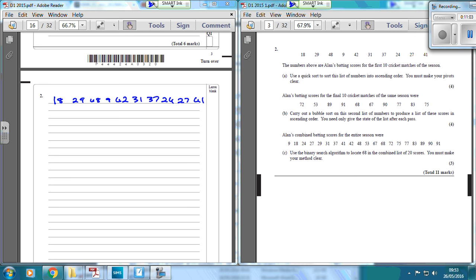And just double check here, because sometimes they say descending, sometimes they say ascending. Now you only lose 1 mark if you do the wrong way.